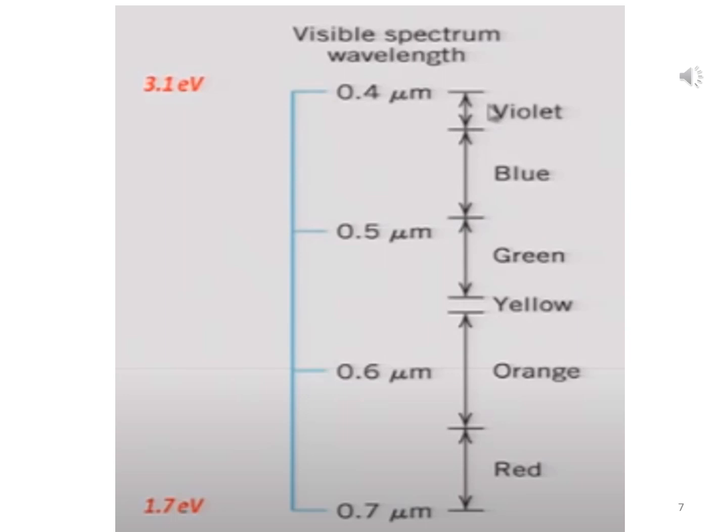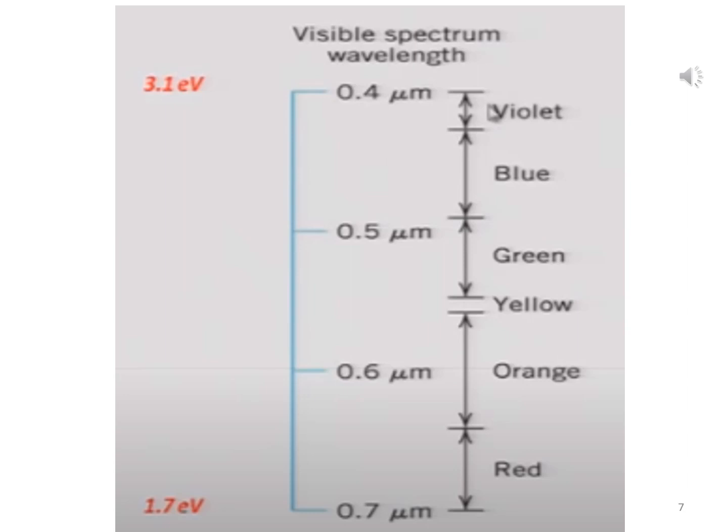So for example, if we go to a lower range, lower than 0.4 micron, say 375 nanometer, then you cannot see any color because it is below the wavelength of visible light. Then you have moved into the ultraviolet radiation.